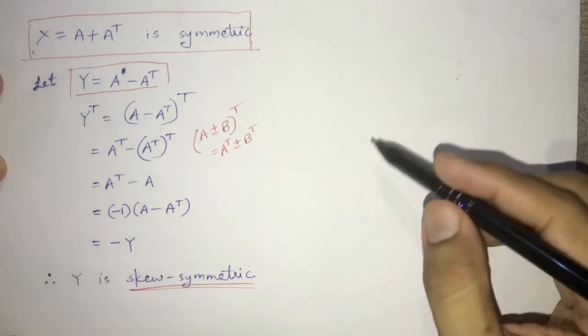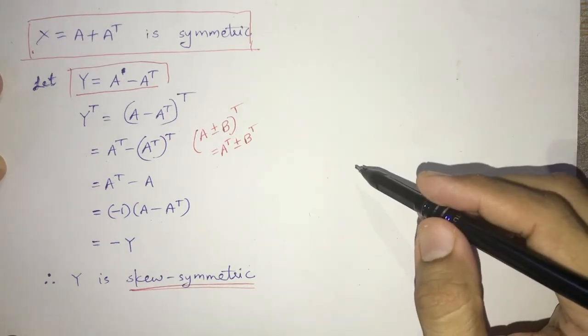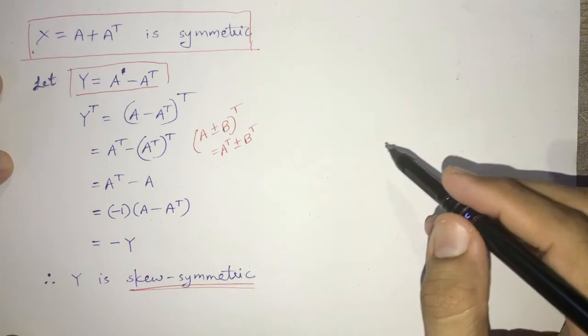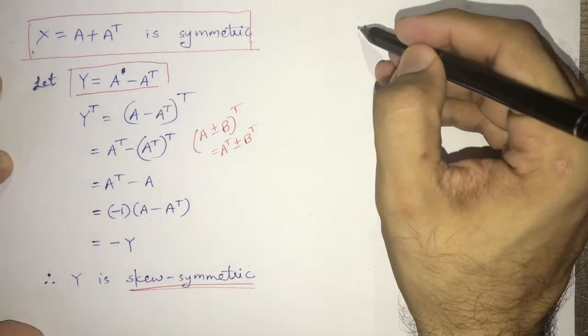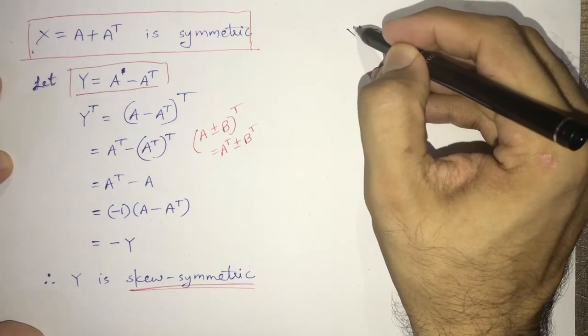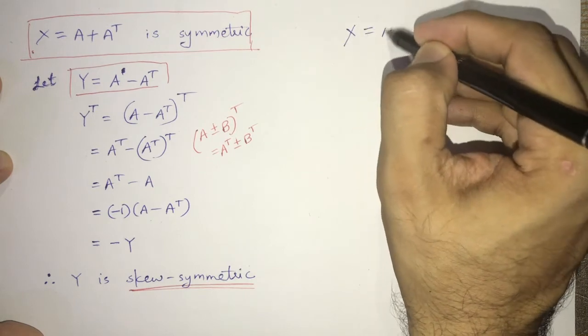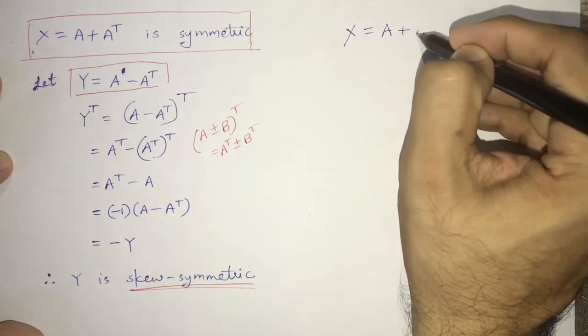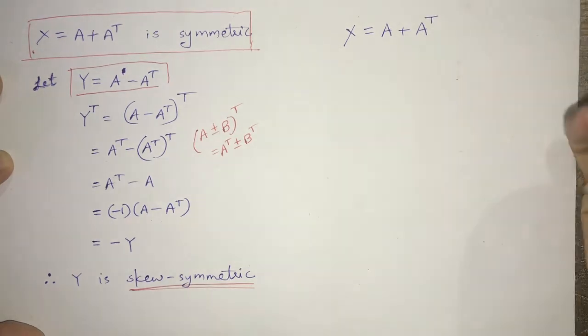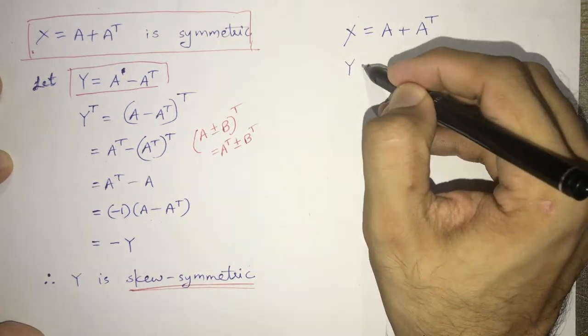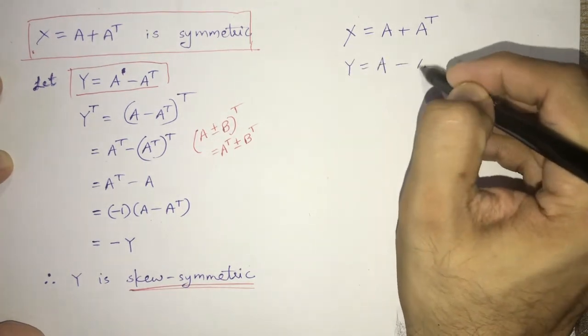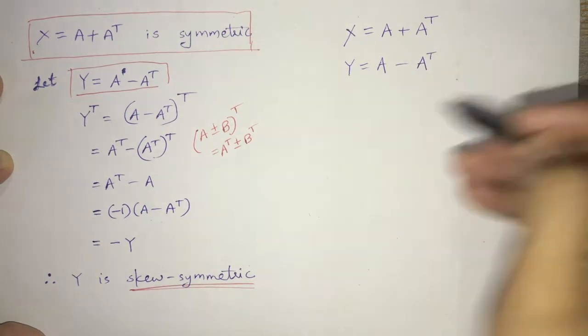Now what will happen if I add the two matrices? Matrix X, which is A plus A transpose, and matrix Y, which is A minus A transpose.